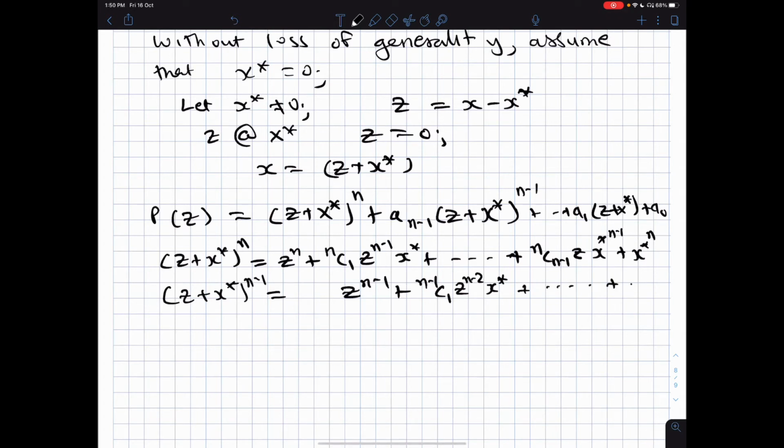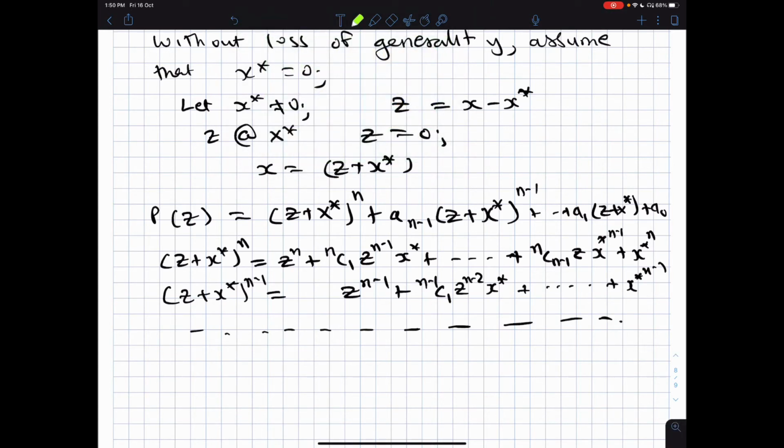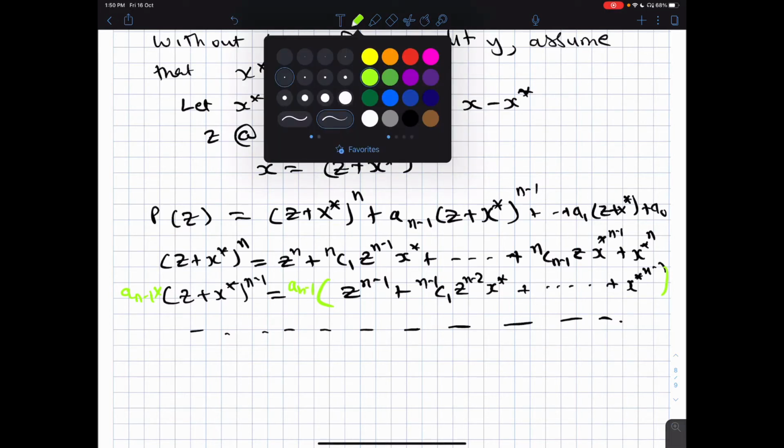The last term is going to be x star to the power n minus 1. You can write all this. Of course, this first term you have to multiply by a n minus 1, so the whole of this thing has to be multiplied by a n minus 1.